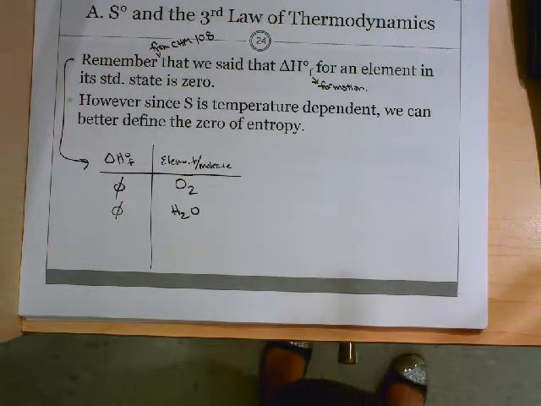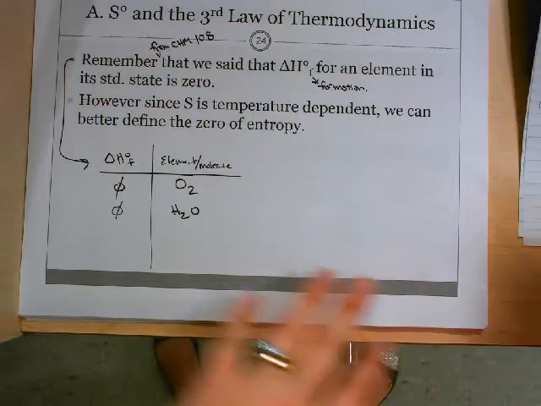We have a measuring point from where we can look at, is it increasing entropy or decreasing entropy? So if you were thinking of the state of matter that has the least entropy, what state of matter has the least amount of entropy? Solid. Excellent.